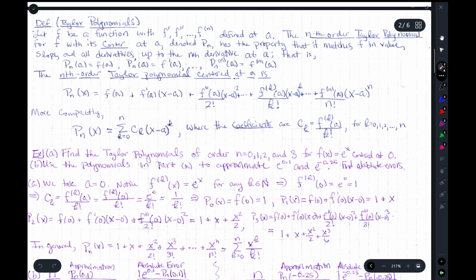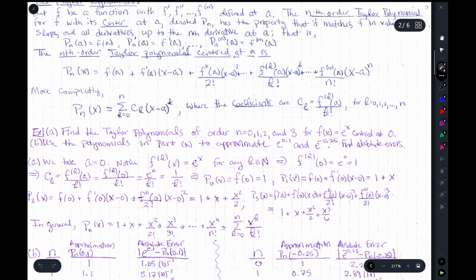The exponential is a super nice function to deal with because no matter how many derivatives you take, the derivative of e to the x is always e to the x. And so the kth derivative is going to equal e to the x. We evaluate these derivatives at our center, so at 0. And so you have that the kth derivative at 0 is 1 for all k.